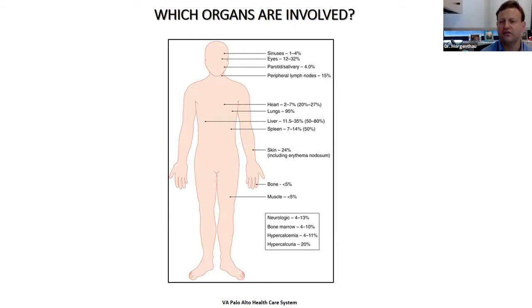The skin is involved in approximately 20 or 25% of cases. Patients have lymph node involvement in about 15% of cases, and we can go through all of the rest, but you get the idea that when we're assessing the sarcoidosis patient, we need to determine which organs are involved.